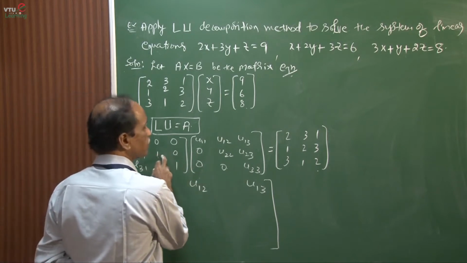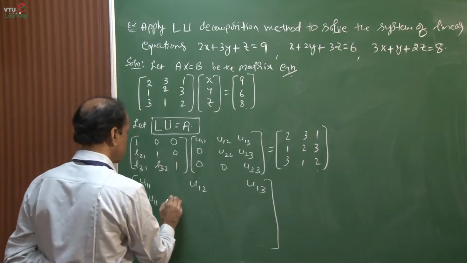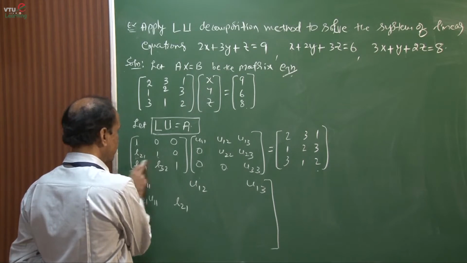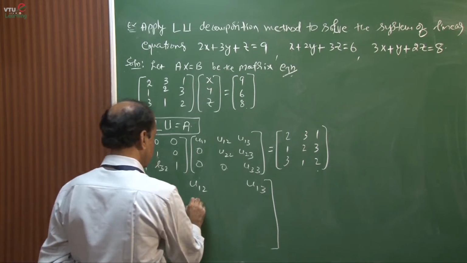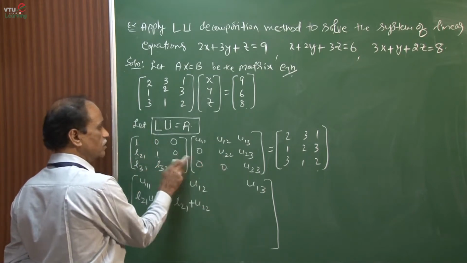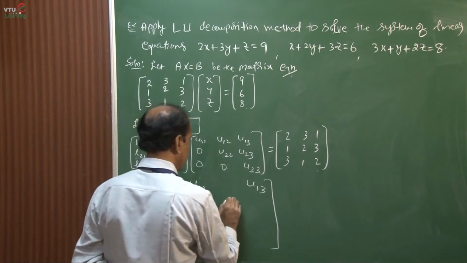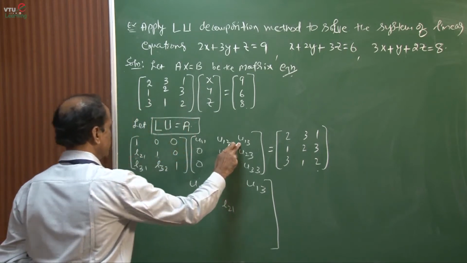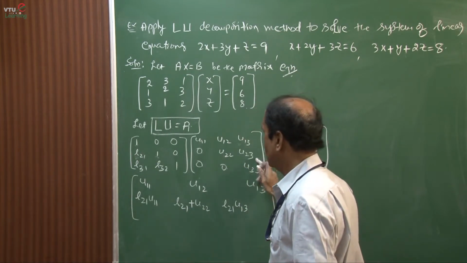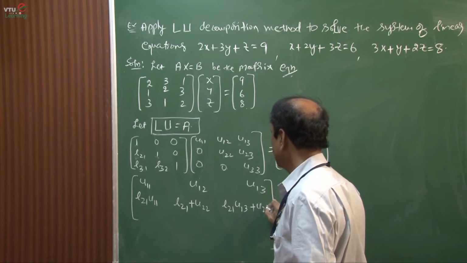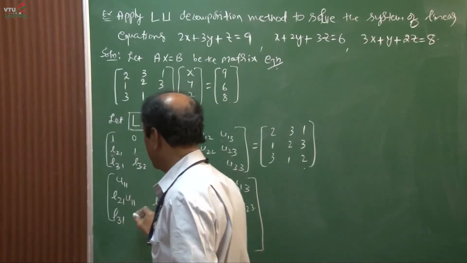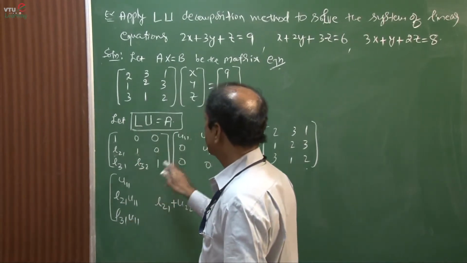This is with second column L21 U12 plus U22, right. Next L21 U13 plus 1 means plus U23. This is what. Next L31 into U11 and other two are 0.